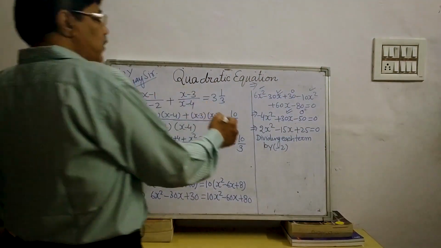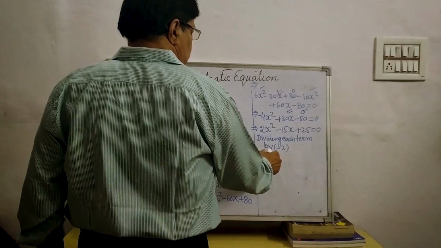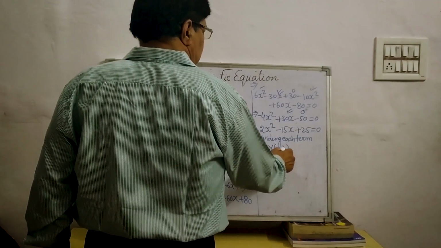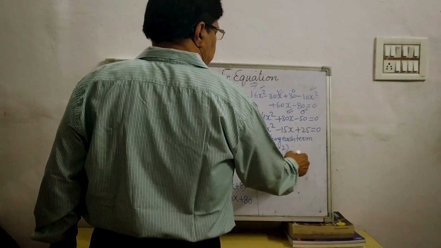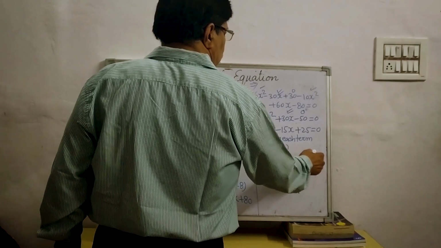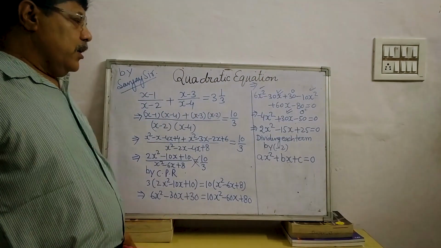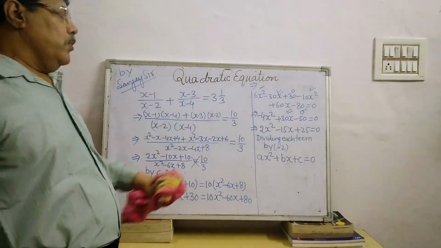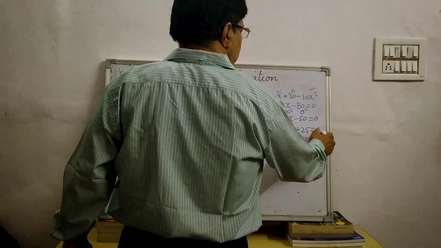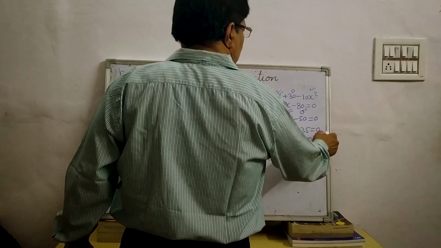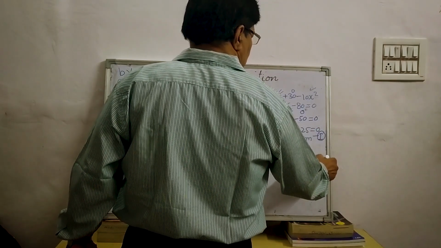So compare it with ax square plus bx plus c equal to 0, which is our quadratic equation. Now we will compare this equation. You can say it as equation 1, and this as equation 2.